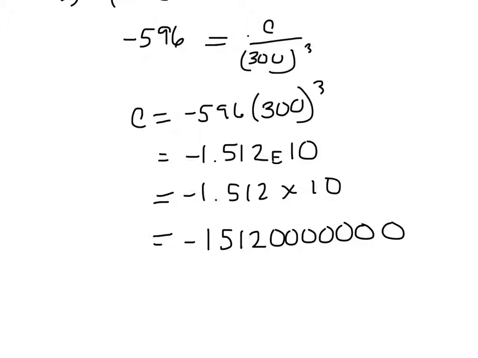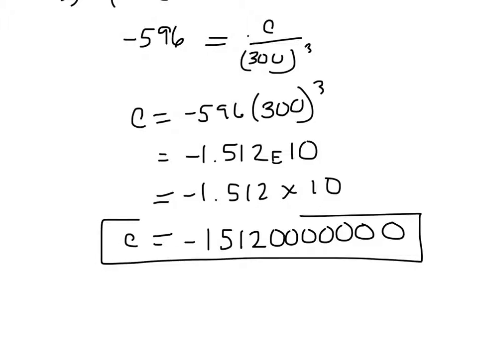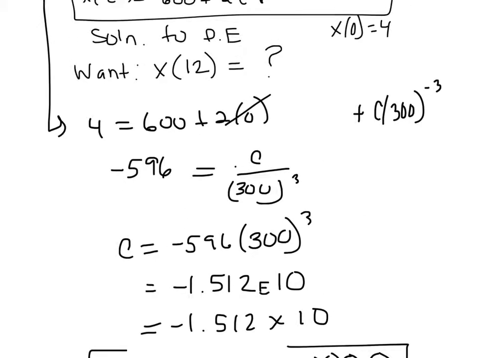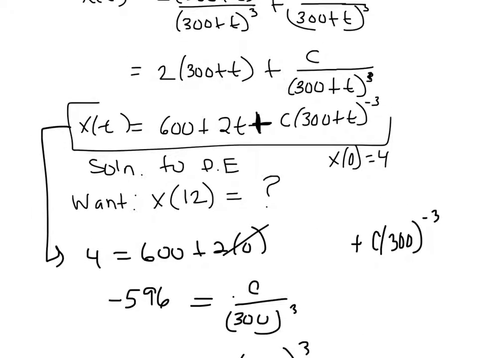So this is our constant of integration, and now we can substitute it for this guy, and then let's find our x of 12.